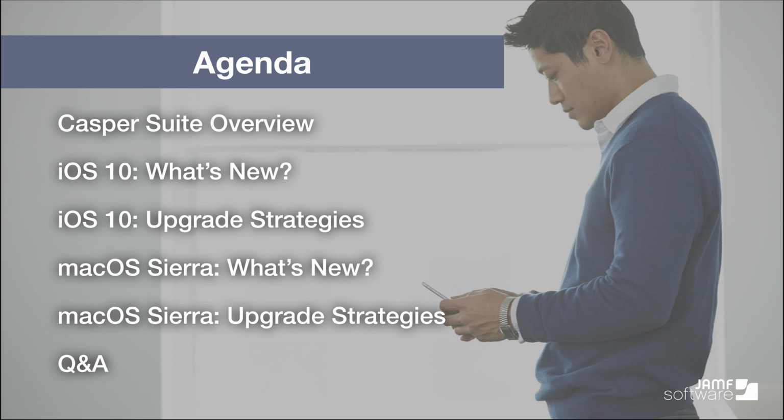Then we'll move on to macOS Sierra and discuss also what's new for IT and the different upgrade strategies there too. The majority of the time will be spent on the macOS Sierra side, since there's so many different paths for IT to take. And then of course we'll wrap up with some Q&A at the end too.